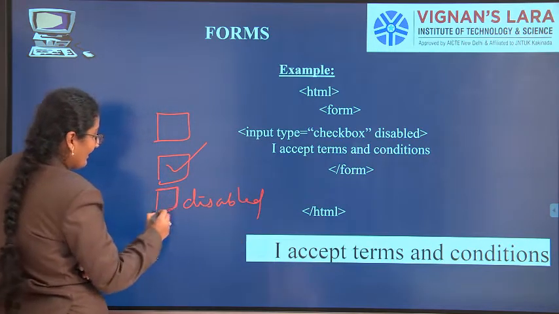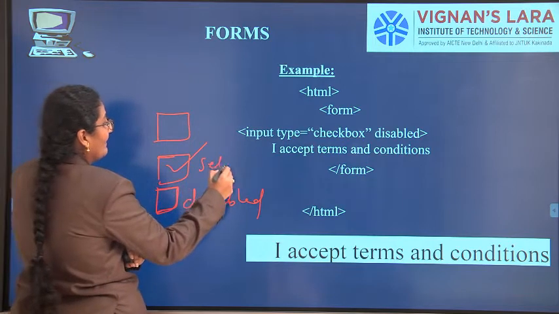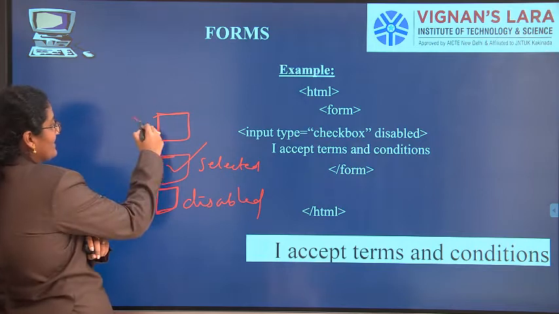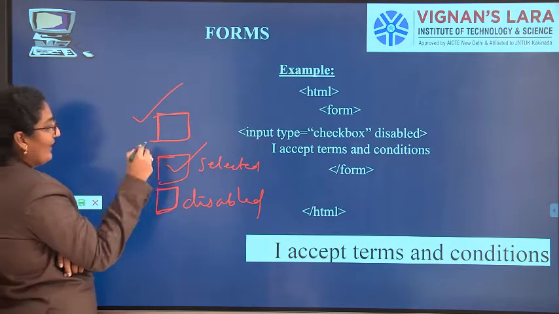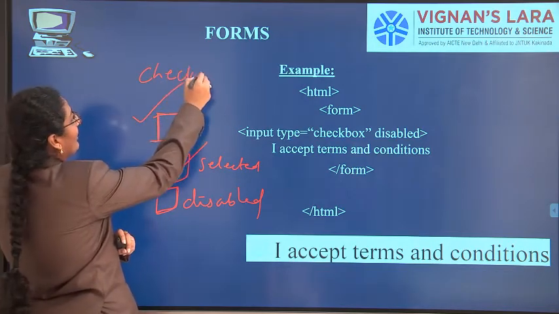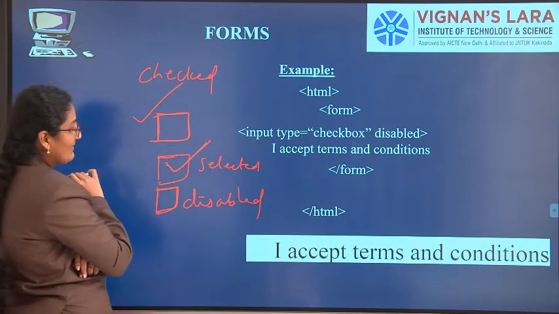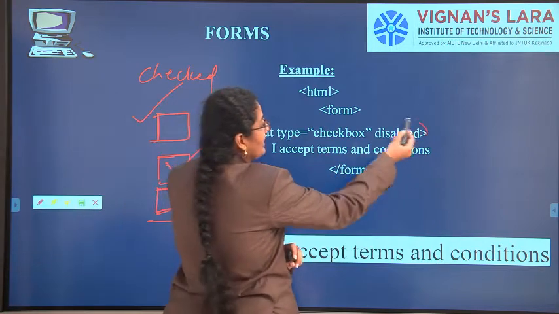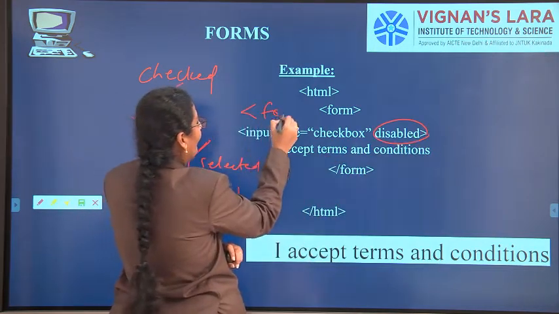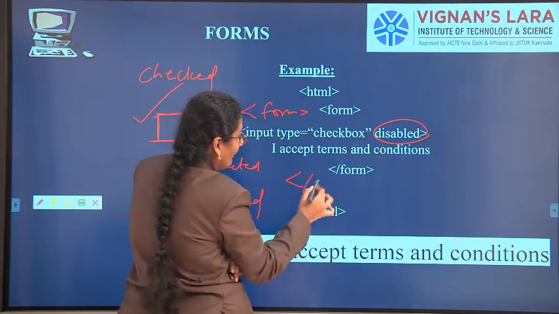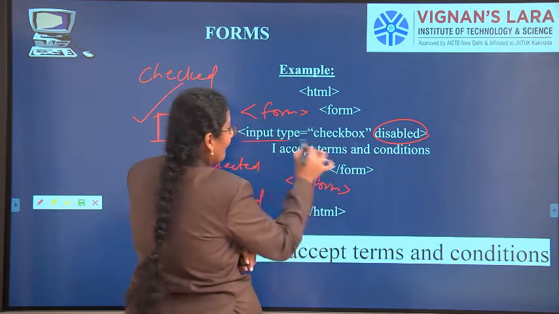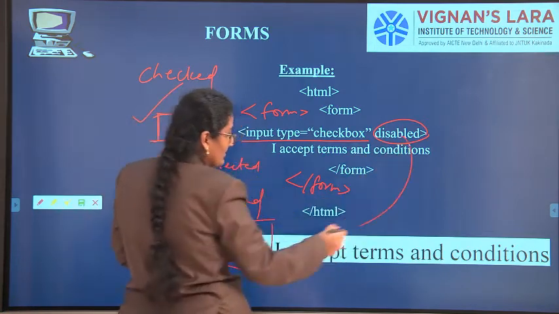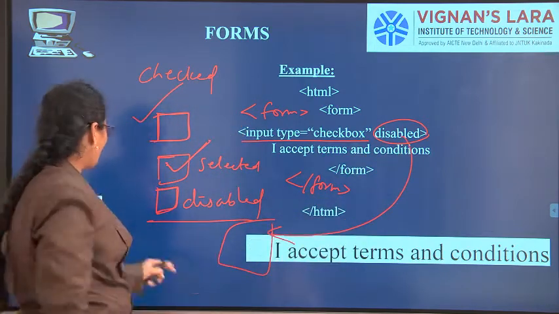You have seen an example for normal checkbox. When you have given checked in the program itself, your checkbox will be selected. If you want a disabled checkbox, then you have to mention disabled here. So form open, immediately form close. Input type checkbox is given. This checkbox should be disabled, so I have given that option disabled.